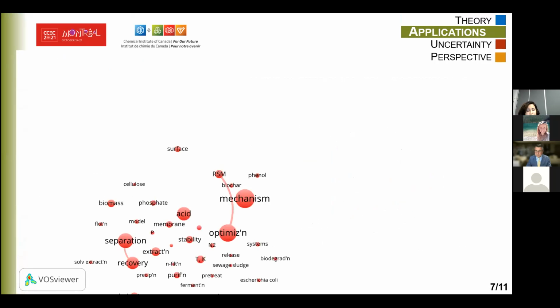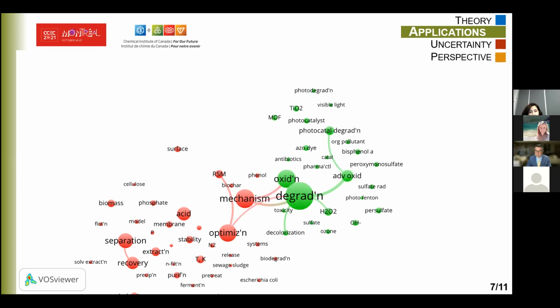Here is a bibliographic map of the applications of pH that Web of Science has indexed. Here you see the red cluster, which has the most keywords, and the most mentioned keywords are mechanism, optimization, and separation. Here is the green cluster, and degradation and oxidation are the most mentioned keywords.